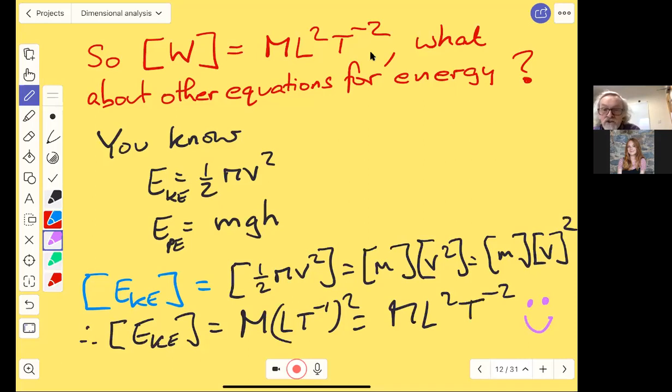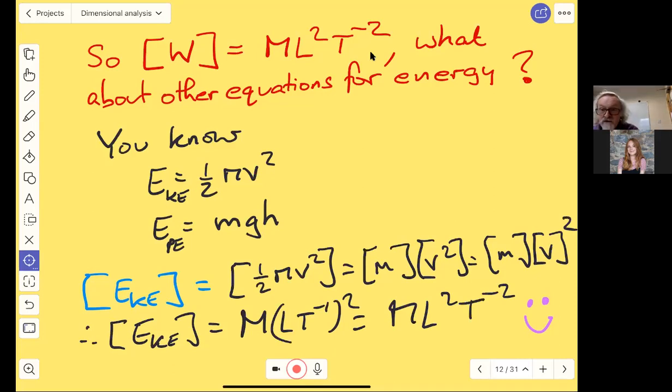C in that equation is the speed of light, and it's not hard to convince yourselves that that has the same dimensions as a half mv squared. After all, you don't have the half, but that's just a number, and you're replacing the speed v by the speed of light, c. So it's clearly going to have the same dimensions.